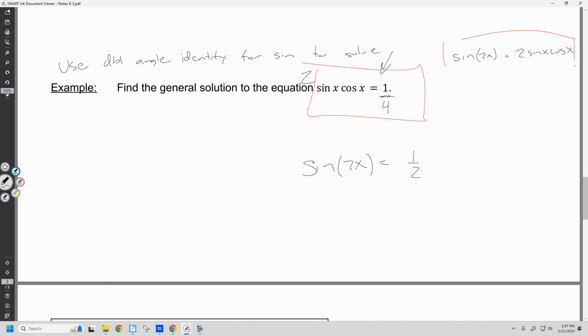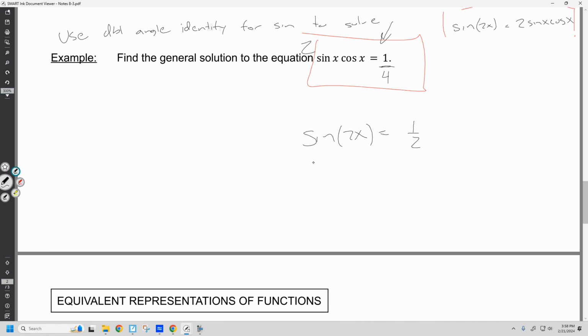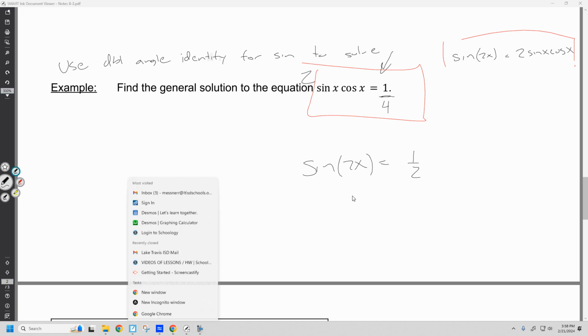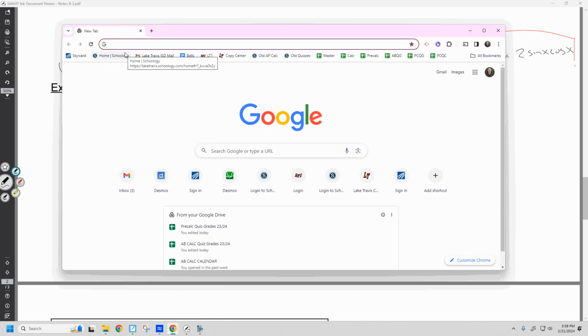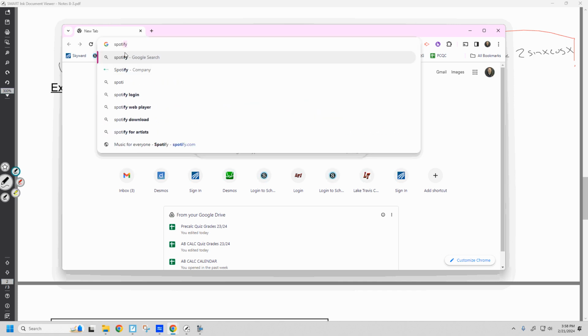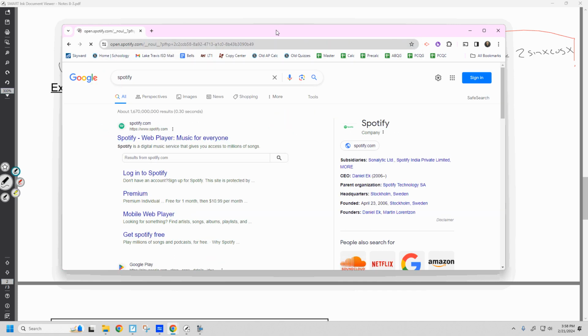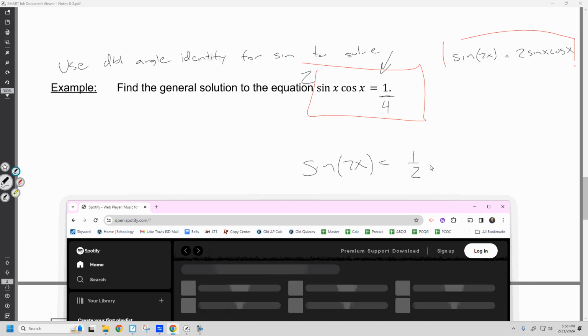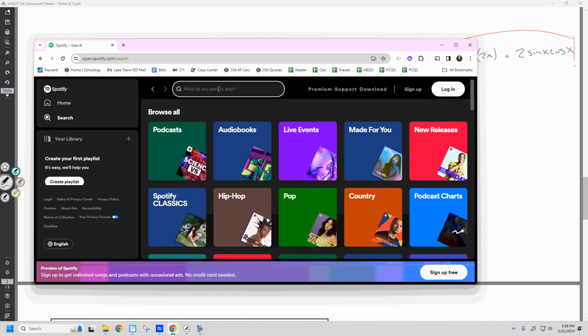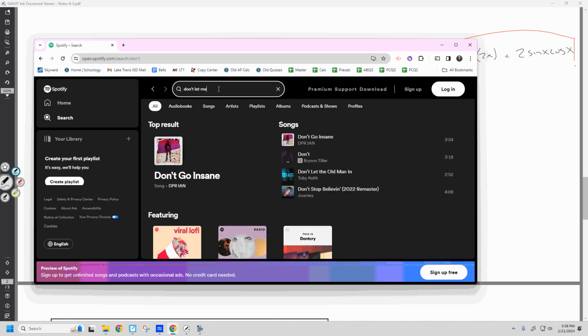I'm going to put on some background music. Now, I want the general solution. That means all of the possible solutions to this equation. Sine 2x equals, how does Spotify work these days? Is it open.spotify? Who knows? Okay, I want all of the solutions to sine 2x equals 1/2. Here comes some background music.